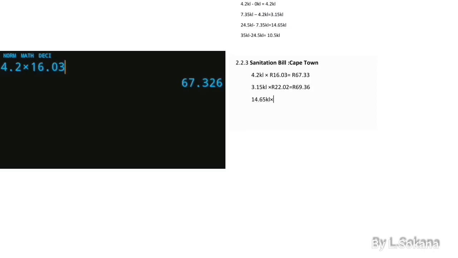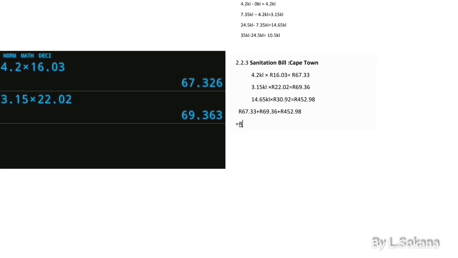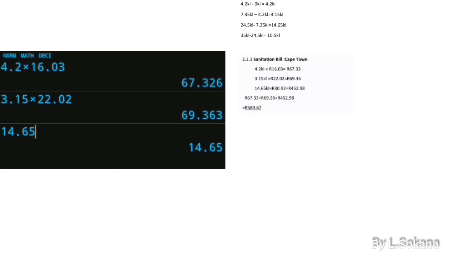Then use the difference on the second block, 3,15 kiloliters multiplied by 22 rand 2 cents, and it gives us 69 rand 36 cents. And we will use the difference on the third block, which is 14,65 kiloliters multiplied by 30 rand 92 cents. It gives us 452 rand 98 cents.